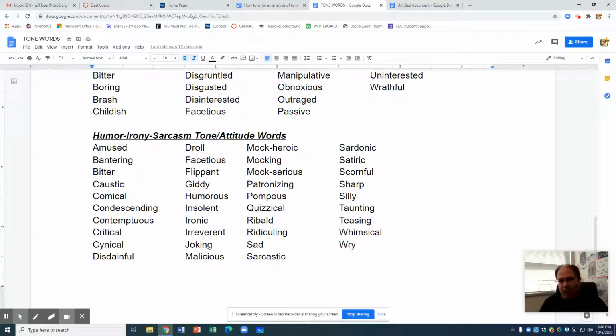The reason why humor, irony, and sarcasm has its own category is because oftentimes irony can seem negative when it's actually positive, or vice versa. And it plays with and blurs that line between positive and negative, humorous and serious. So it's important that we recognize that blurred line when we're dealing with irony or satire or humor.